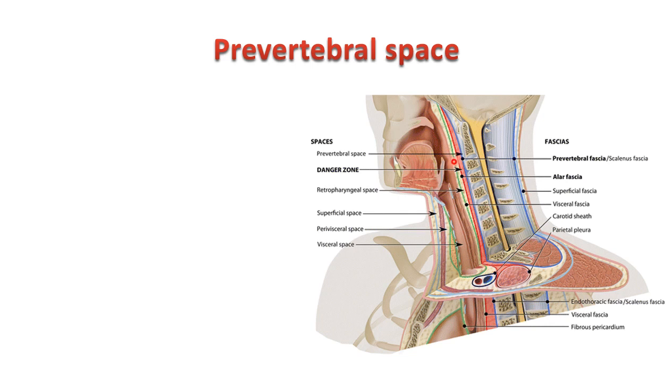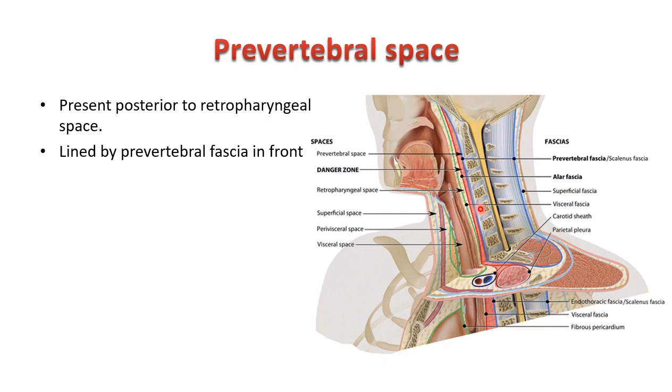The next is the prevertebral space. The prevertebral space is posterior to the retropharyngeal space, and here you are able to see the prevertebral fascia. It lies between the prevertebral fascia and the bodies of the cervical vertebrae and prevertebral muscles.